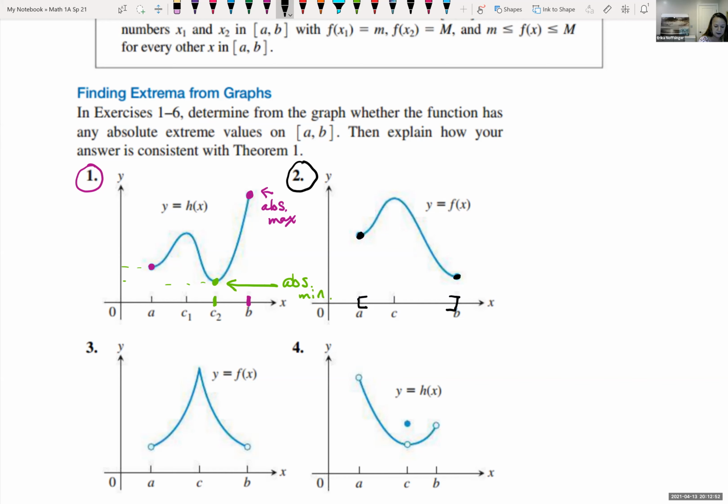Notice here, this is the highest point, the highest y value on our graph, and so this is where our absolute max occurs. And then the smallest y value occurs when x is b. So our absolute min occurs at x equals b.